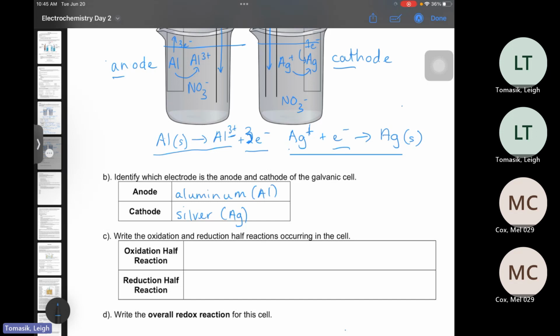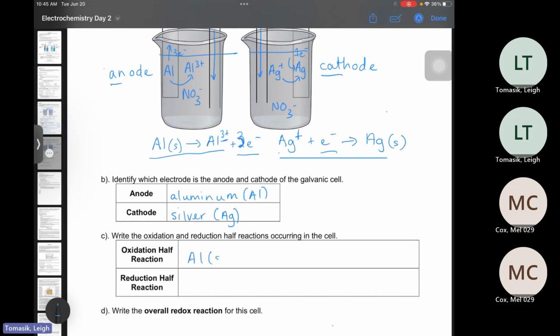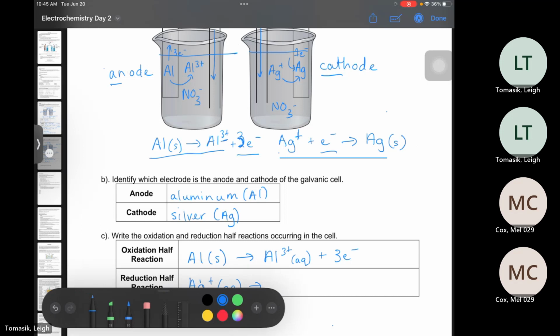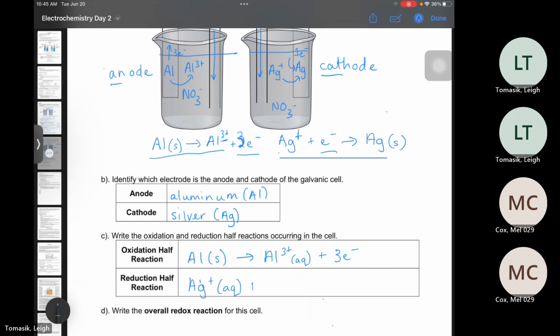The oxidation half reaction happens at the anode, so we're just going to put that there, and then the reduction half reaction is going to happen at the cathode.